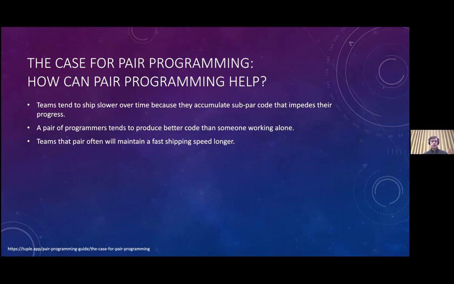And so if you're pair programming while doing this, then you tend to produce better code, even if it takes a bit longer. And therefore, your team as a whole will produce new features at a faster rate for longer on the code base. That's if you're trying to make a business case for it.